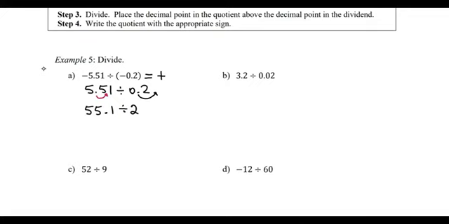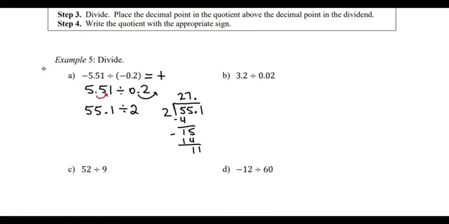I can go ahead and set up my long division. 55.1 divided by 2. 2 goes into 5 twice. Got your 4. 15. 2 goes into 15 7 times. So you got 14. Got 1. Stepping over the decimal point, so I'm going to copy it in the answer.